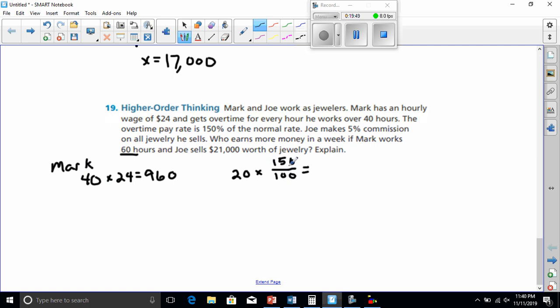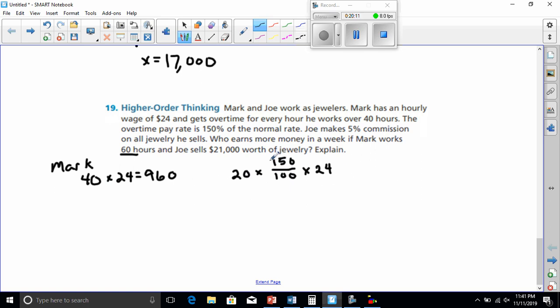We're also multiplying this by 24, aren't we? Because he's actually getting 150% of $24. And then we're multiplying that by 20 hours. A lot of multiplication here.